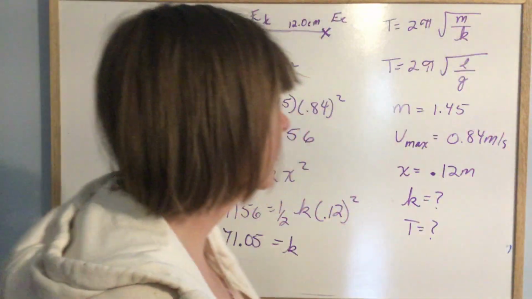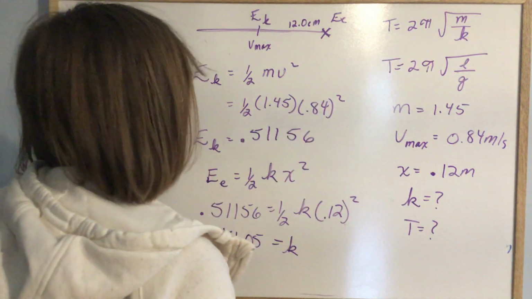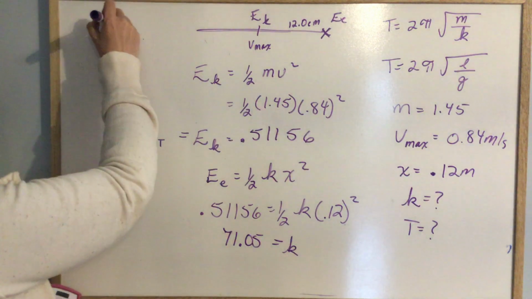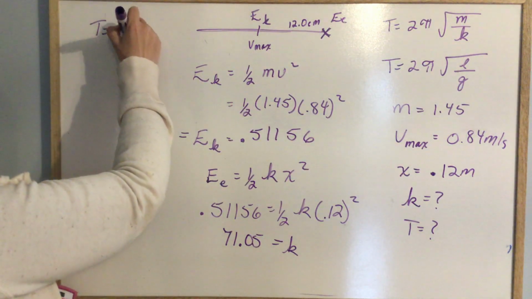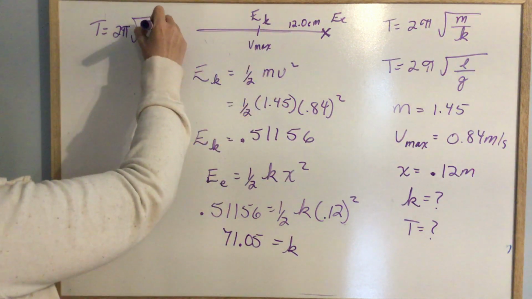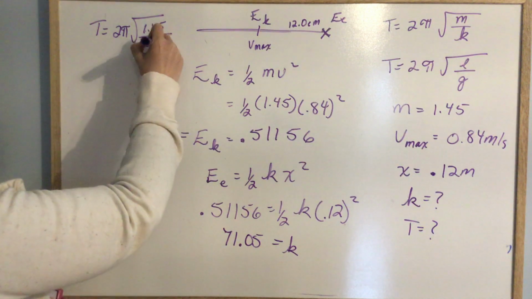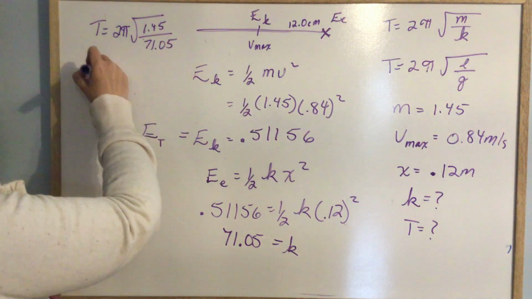Then they want to know what is my period. Well, I have a formula for that. Period is 2 pi times the square root of my mass, which is 1.45, over K, which I just figured out is 71.05.